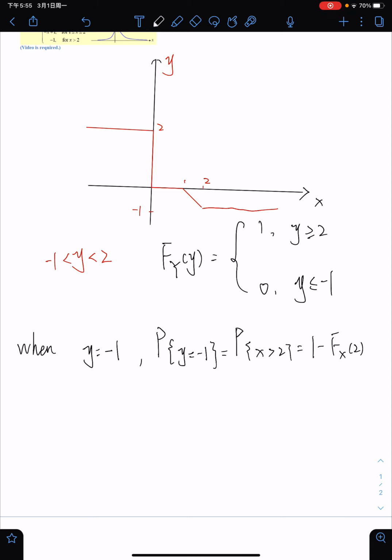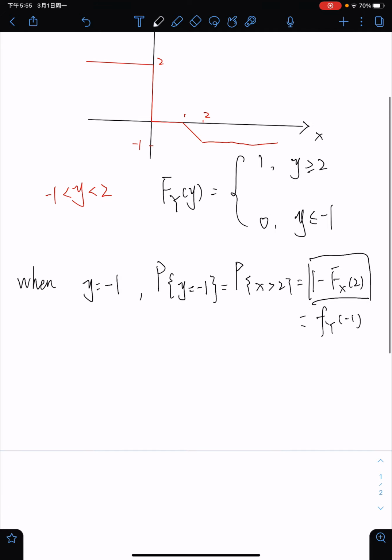Okay, and we know this is the density function of y at -1.